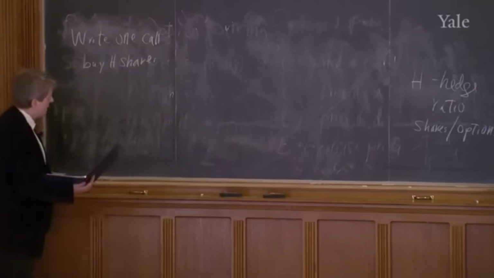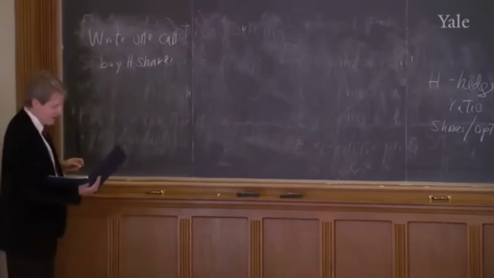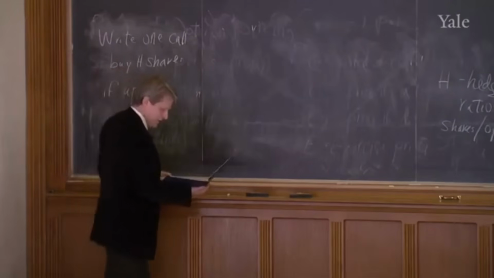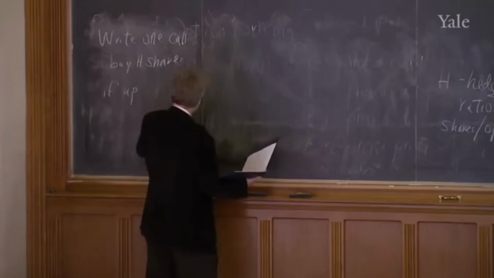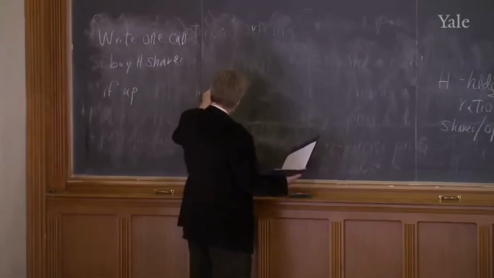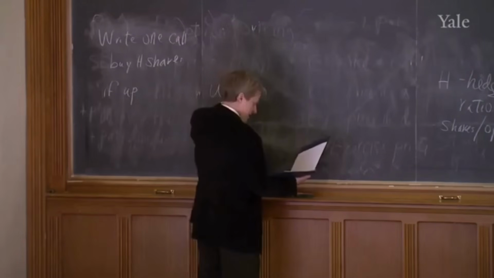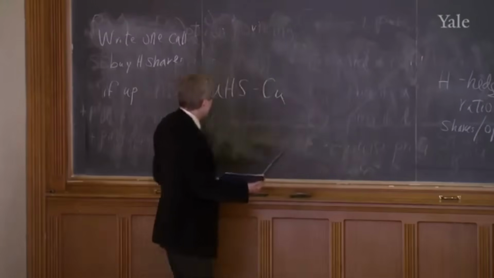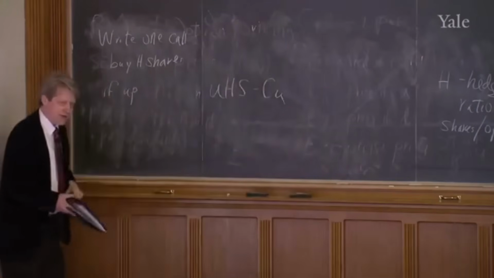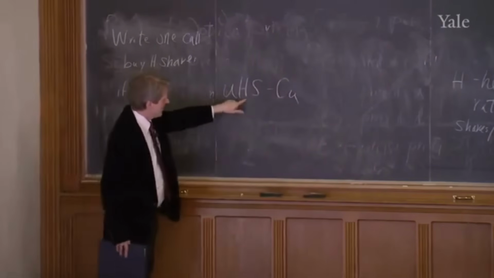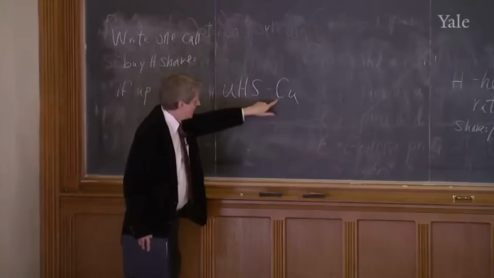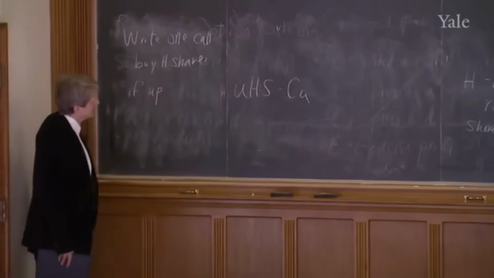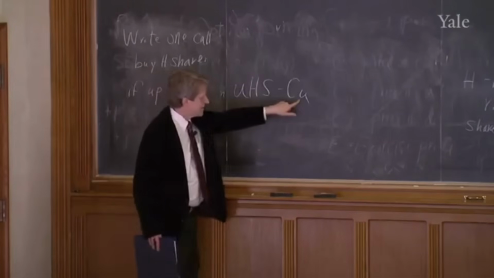If the stock goes up, if we discover we're in an up world next period, my portfolio is worth UHS minus C sub U, right? Because the share price goes from S to US, and I've got H shares, and I've written a call, so I have to pay C sub U.